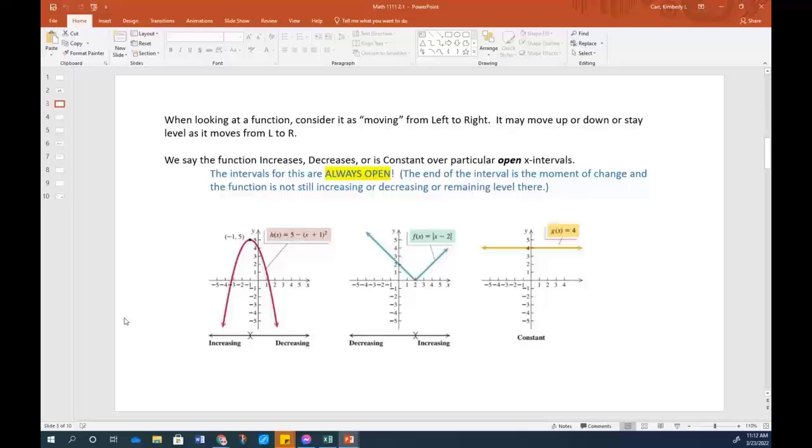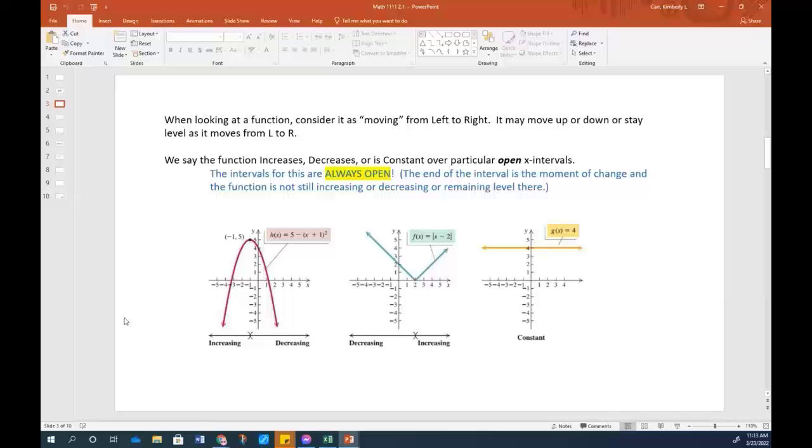Okay, so this is a real informational slide. When you look at the function, then you have to consider that you are moving from left to right. And as you move from left to right, you're going to talk about, does it increase, decrease, or stay constant? Now, these intervals will always be open intervals because of the fact that when you're at the top of the hill or the bottom of the valley, neither one is happening.